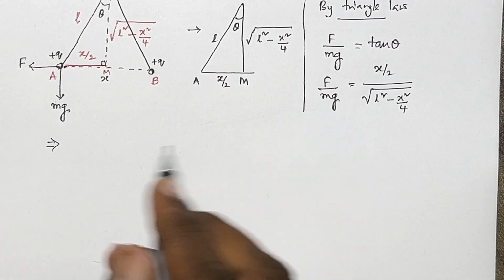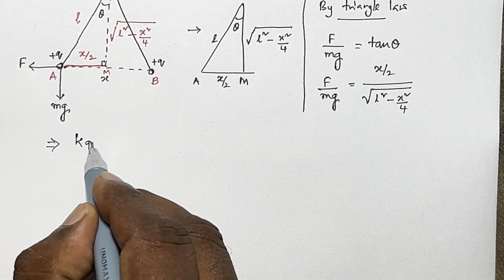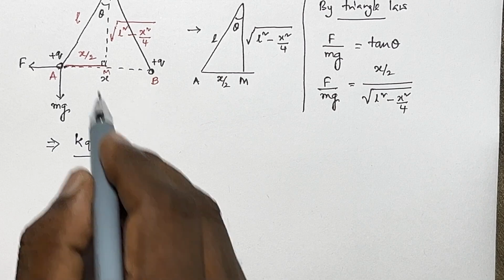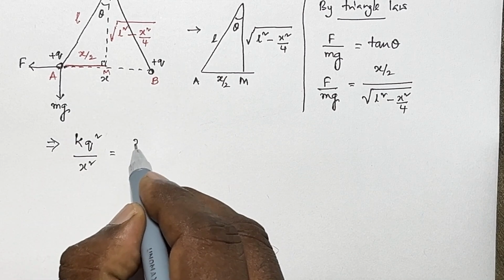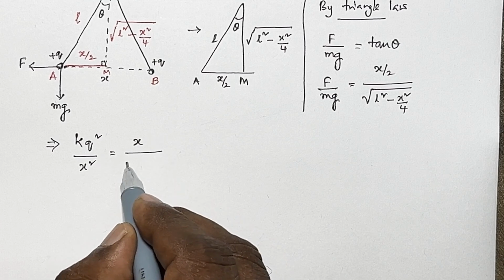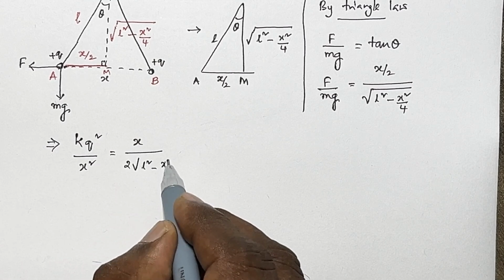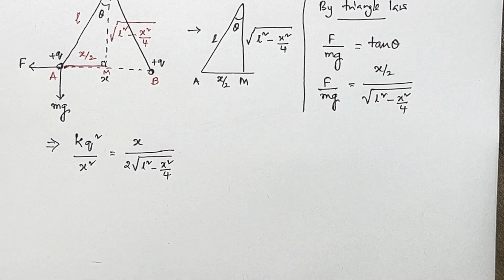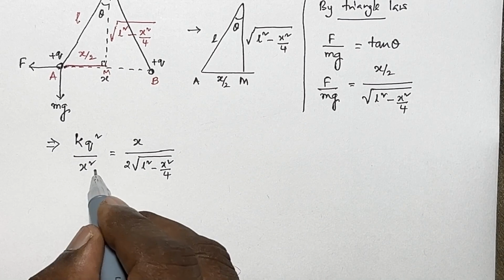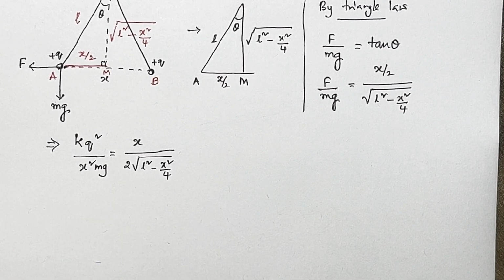F is the formula k q square by distance x square, is equal to mg times x by 2 root of L square minus x square by 4. So this is the equation we got. The values we have substituted here. mg also will be there, sorry, this mg also will be there.